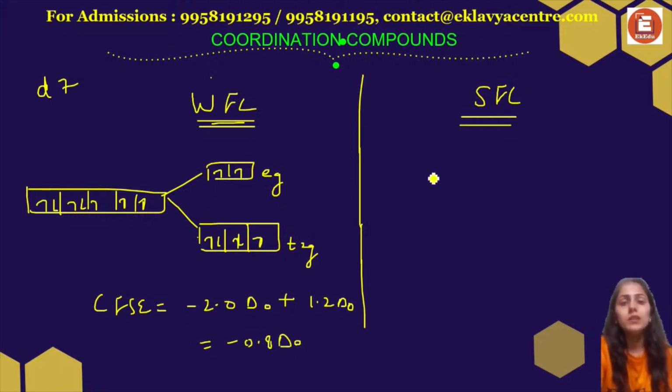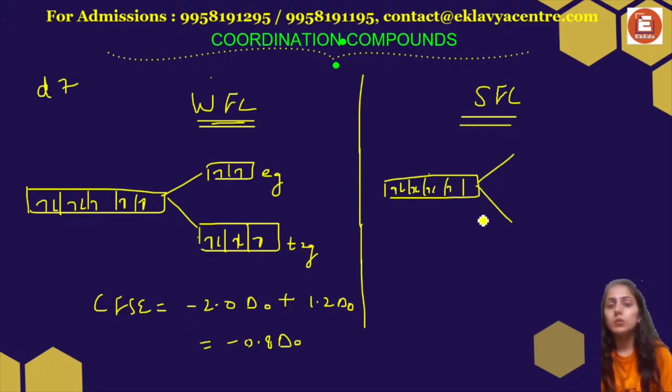In case of strong field ligand, we have 7 electrons. 1, 2, 3, 4, 5, 6 in T2G, and the 7th electron jumps into the Eg orbital. This is Eg and this is T2G.